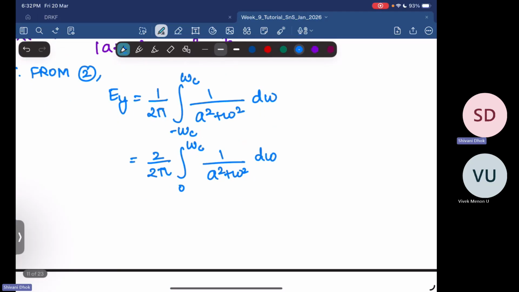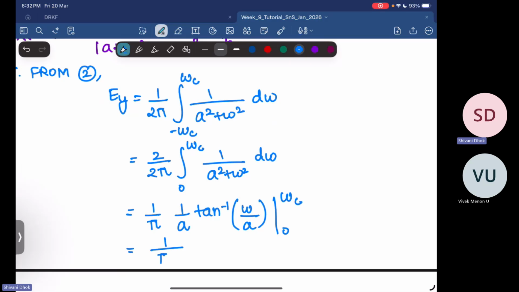Now the integral of 1 upon a square plus omega square is basically 1 by a tan inverse of omega by a. So this is equal to 1 by pi times 1 by a tan inverse of omega by a from 0 to omega c. Tan inverse of 0 is 0, and then you get 1 over pi a tan inverse of omega c by a.